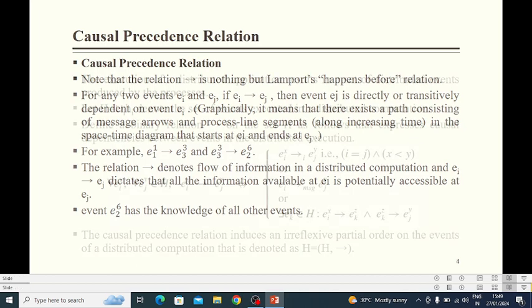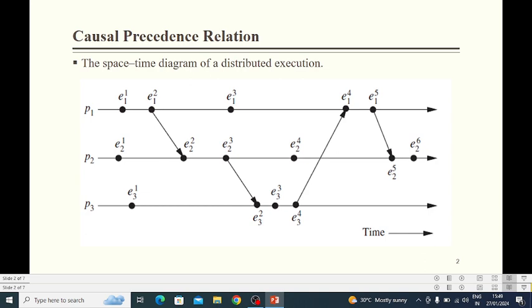Let's see the space-time diagram. The first event of the first process is available here, and the third event of the third process is available here, and we have to check from this diagram for any path including the message arrow and process line segment.